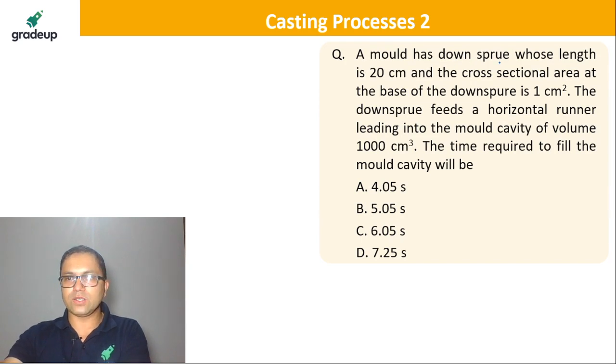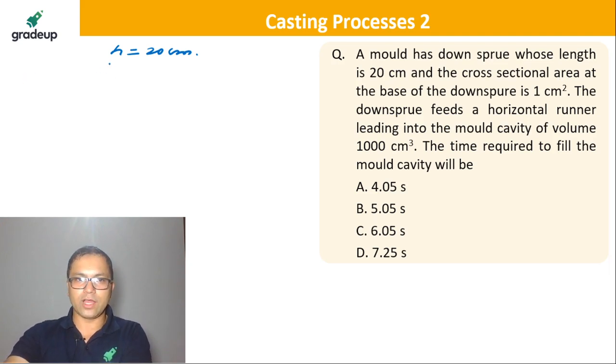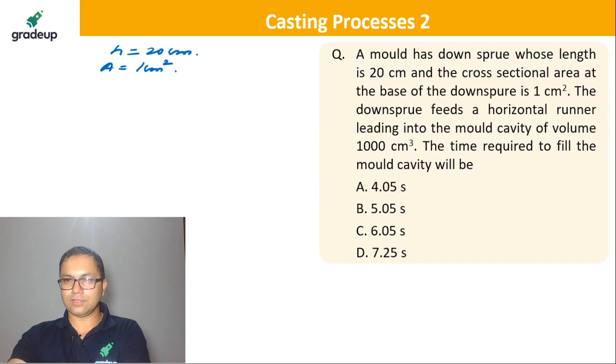A mold has a down sprue whose length is, okay, so sprue's height is given to be 20 centimeter here, and the cross sectional area at the base of the down sprue is 1. So that's nothing but 1 centimeter square. The down sprue feeds a horizontal runner leading into the mold cavity of volume.